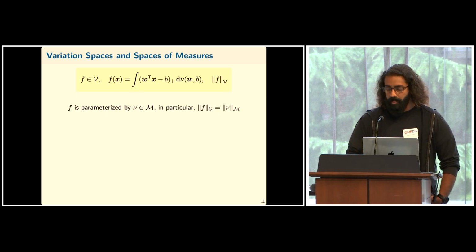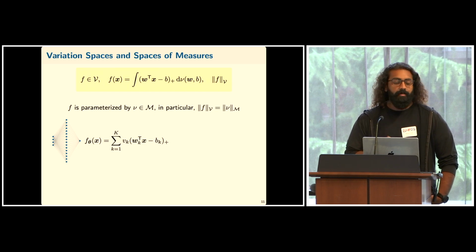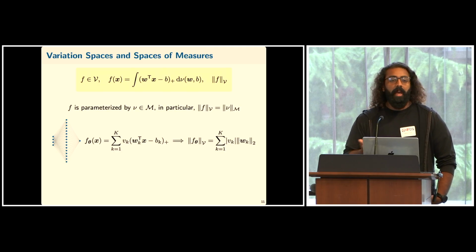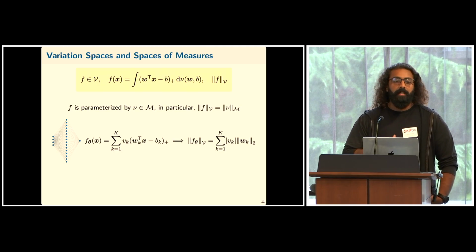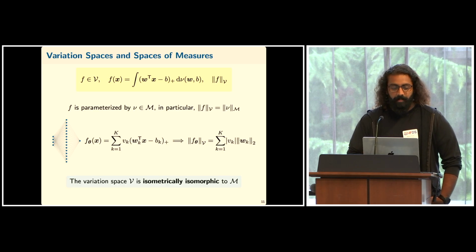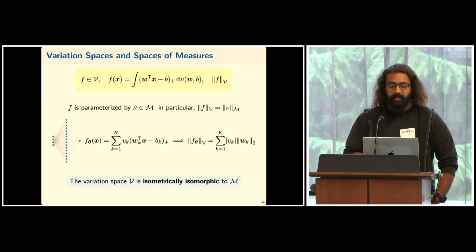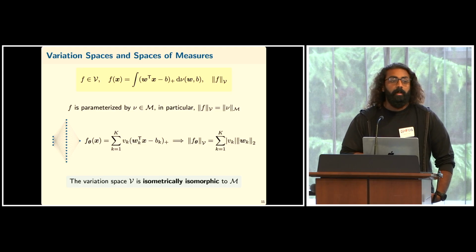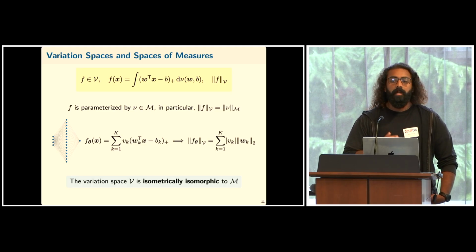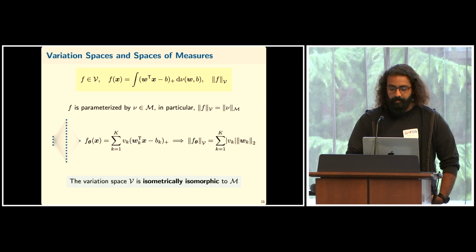So that's why this is a Banach space. What this really means, though, functionally, is if I have a finite width neural network, its variation norm is just the path norm. So just kind of keep that in mind as the prototypical example. Furthermore, this also then means that the variation space is isometrically isomorphic to the space of measures, which then lets us prove a lot of interesting results.